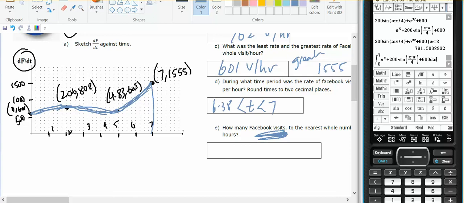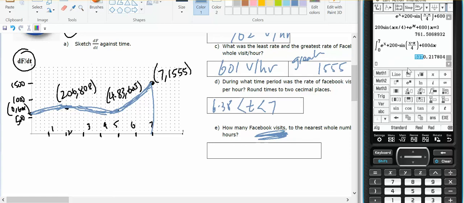Just 1 sec, and that gives me an area of 5,370 visits, because the area under the curve of my df dt will be the number of f, which is the number of visits.